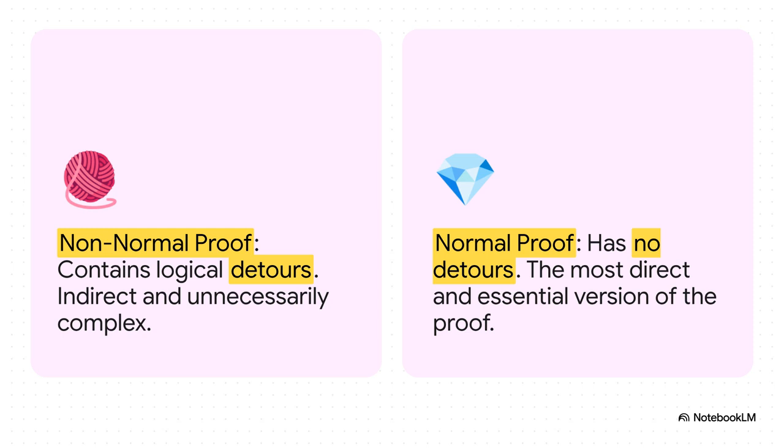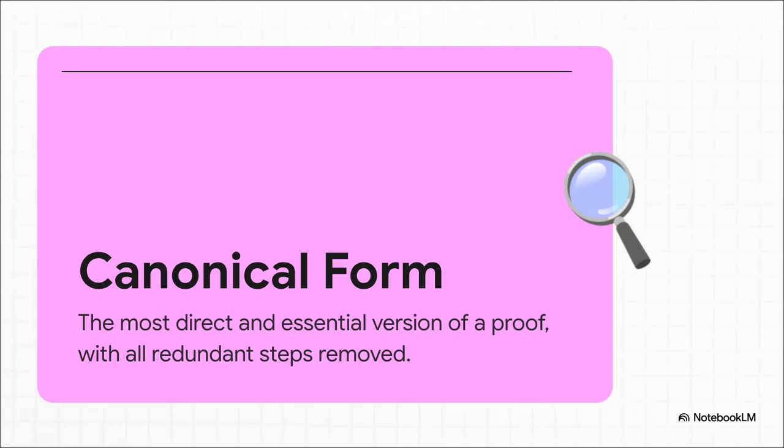Our goal is to turn it into a normal proof, the most direct, essential version of that argument, with zero detours. And this perfected, super clean version of a proof actually has a special name, the canonical form. You can think of it as the gold standard, the single best way to represent that logical argument. So normalization is really just the step-by-step process we use to get any proof into this ideal, crystal clear state.